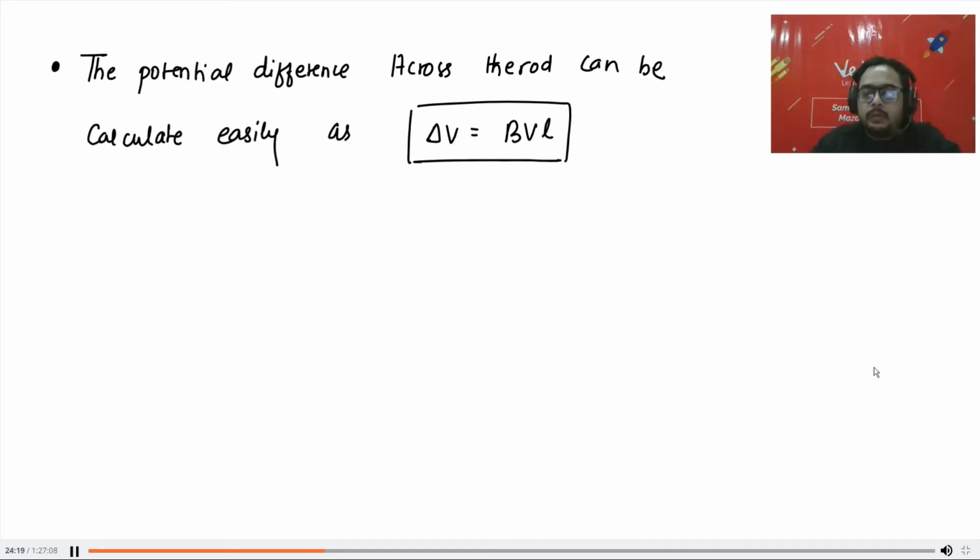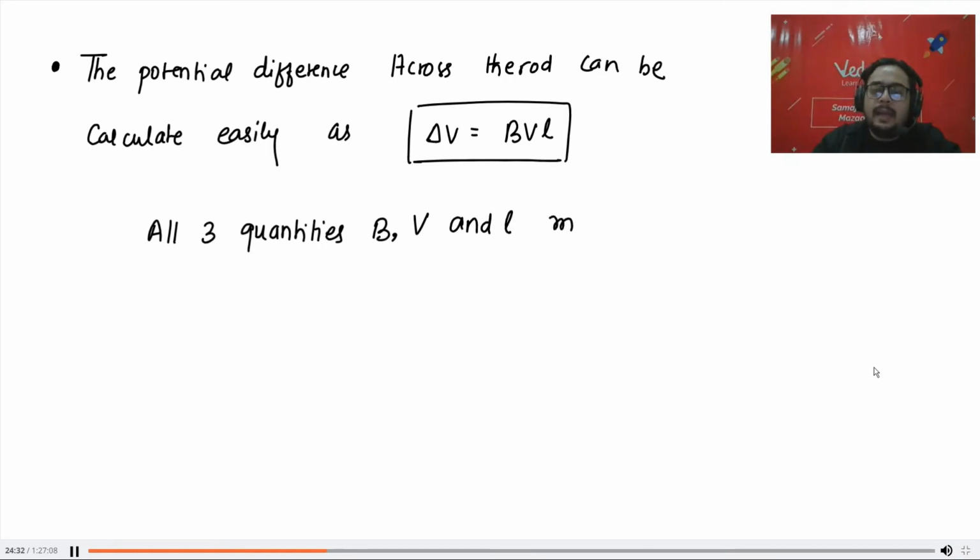What you can do, here you have to remember one thing. All three quantities, B, V and L, must be perpendicular to each other.